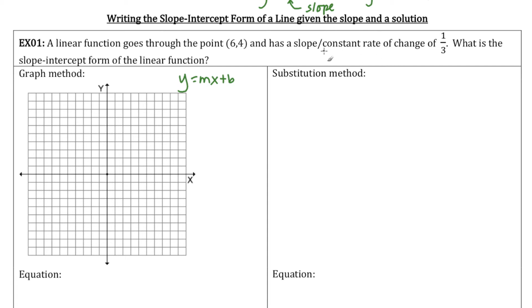Now it gives us a slope of 1/3. But we need this b. We can write y equals 1/3 x plus or minus whatever that is, but we don't know it. It doesn't tell us in this problem.